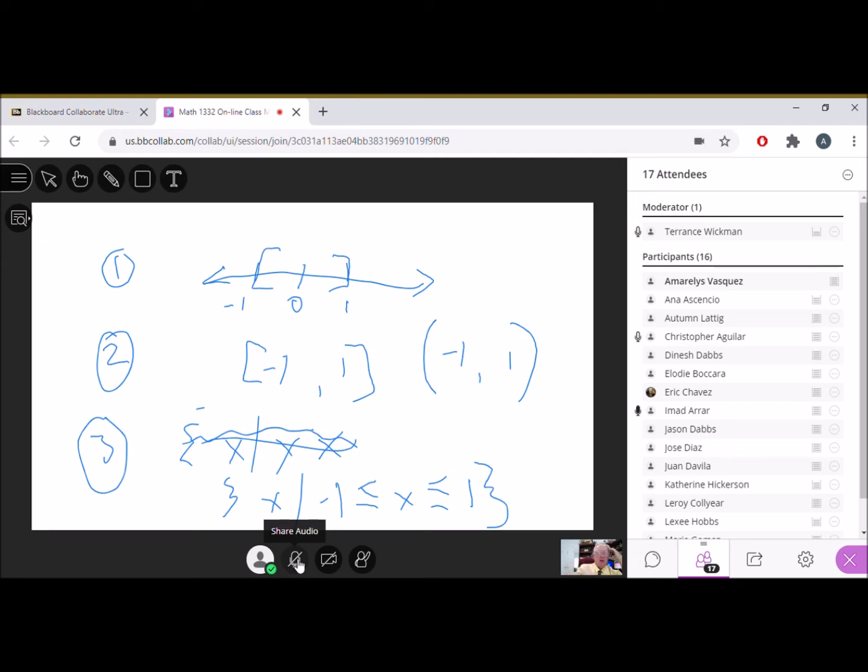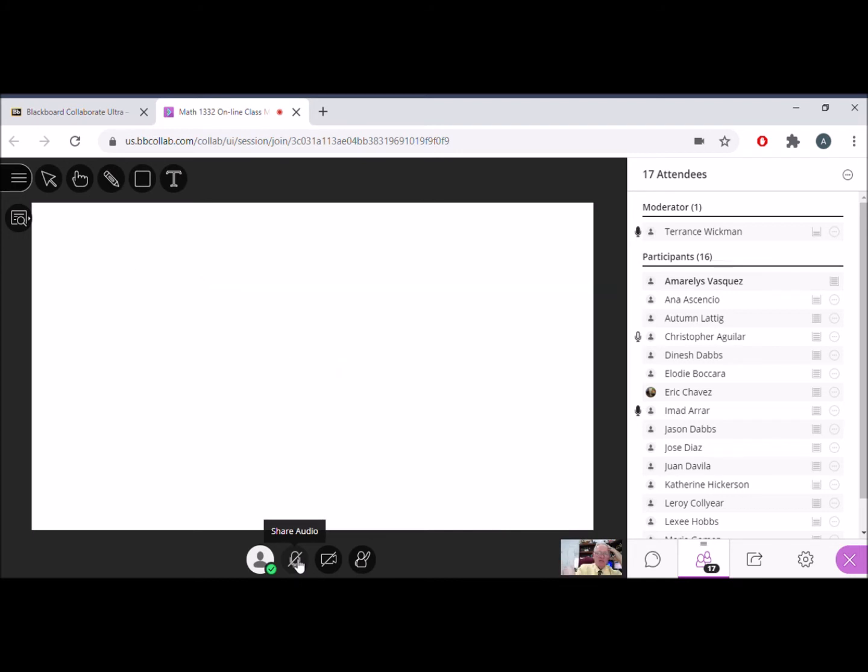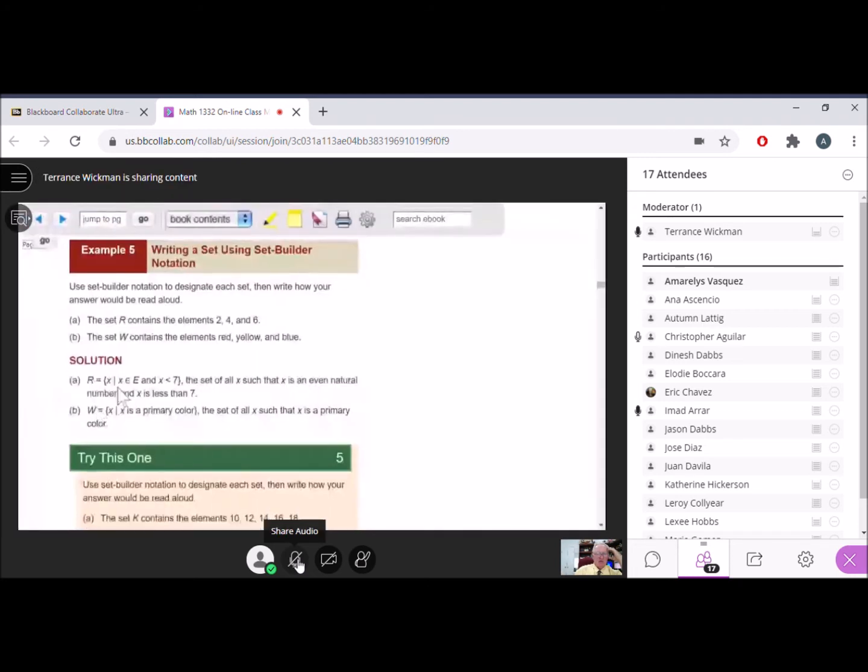Each textbook talks about them differently, giving kind of a different name, but let me assure you that the mathematics are still the same. So here we have x such that x is an element of E and x is less than 7.